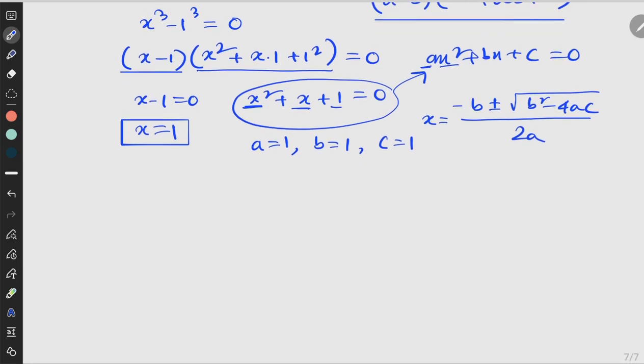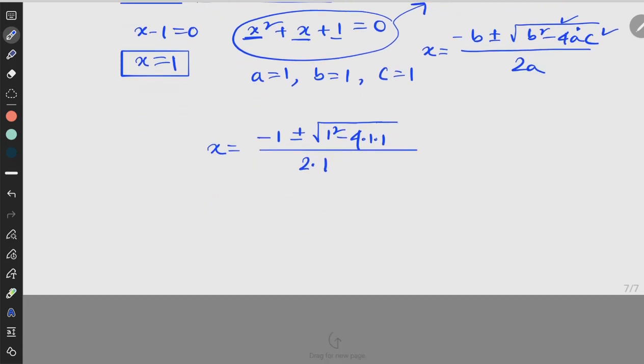Next we use this formula x equals minus b plus minus root over of b square minus 4ac by 2a. Minus b is minus 1, plus minus root over of b square, b means 1 square, minus 4, a means 1, c means 1, and 2 into a means 2 into 1.